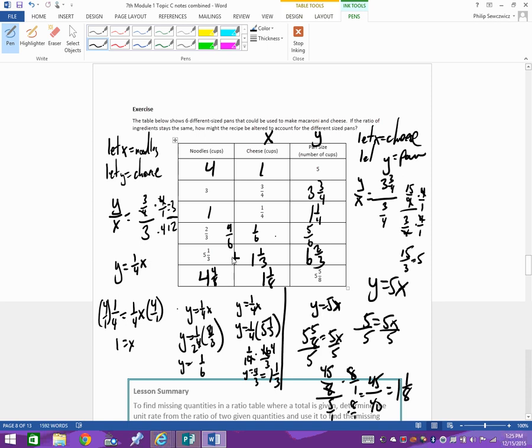So again, the whole idea here is when you have 3 of them, that's fine. We're still going to do our normal x and y business, and we're still going to find our constant and write out our equation so that we can plug and solve for it. But once we've done everything we can, we can define new variables and change it up in order to solve the missing amounts.